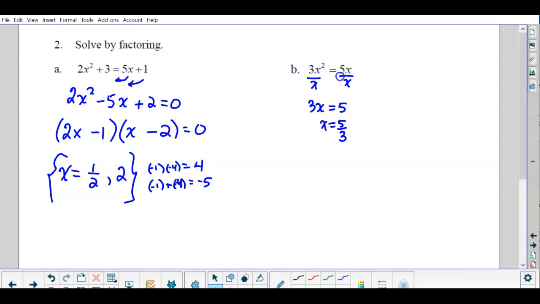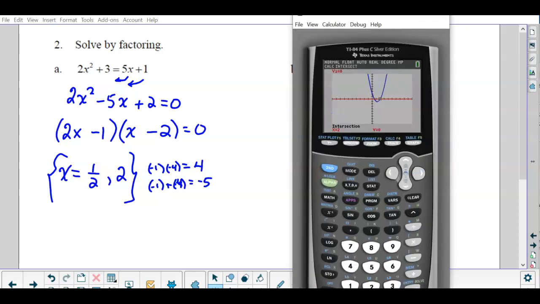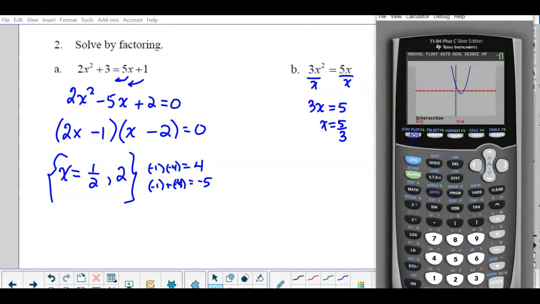If at all possible, try not to do that because you're going to miss the solution. If I were to graph this, say the left side and the right side, without even doing any algebra, standard screen, I'll put standard.